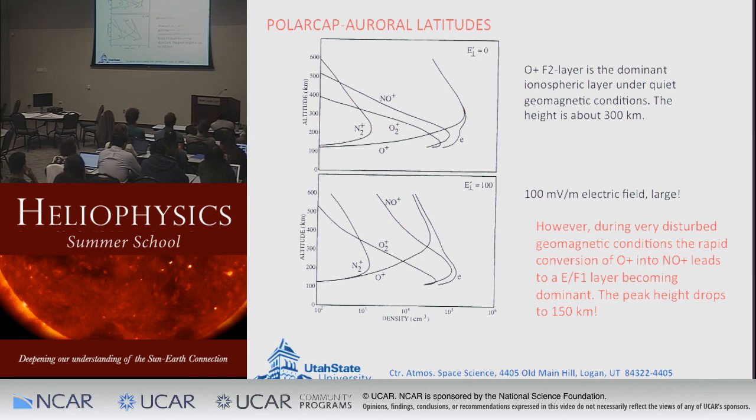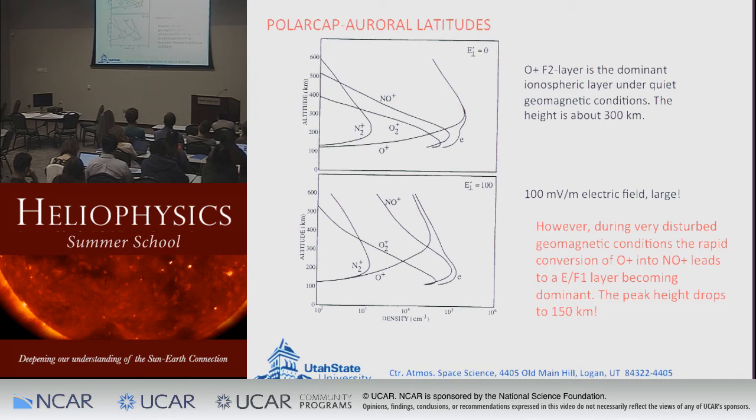Now, crank on an electric field at 100 millivolts per meter. This is not abnormally high for the polar regions. It might be plasma flowing at 2 to 3 kilometers per second horizontally. Well, O+, it's disappeared.